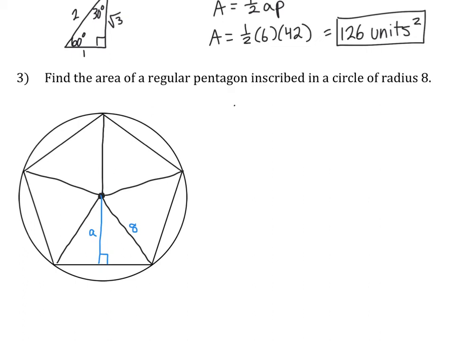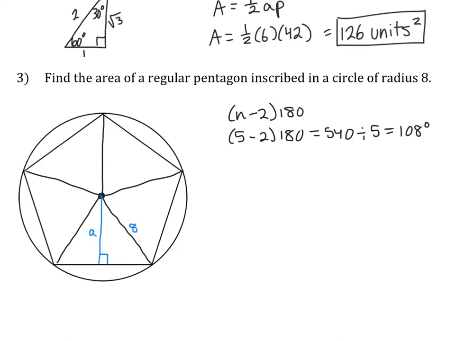So we're going to use our little formula, the n minus 2 times 180. So in this case, it's 5 minus 2 times 180, which is 540. So that's the sum. And then we have to find each angle individually. So I'll divide it by 5, and that means that each angle is 108 degrees.